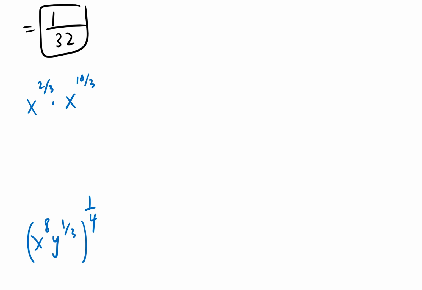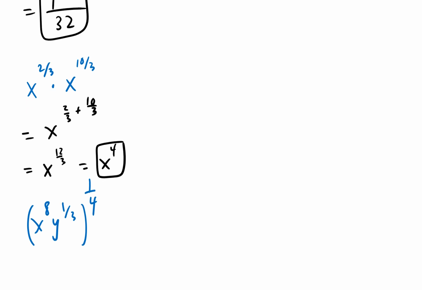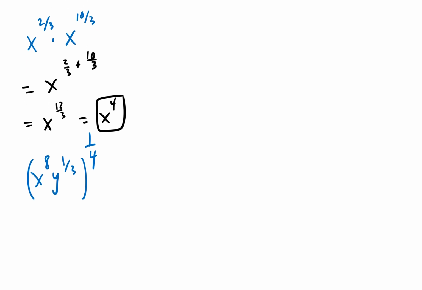Let's see what we get. For the first one, this gives me x to the 2/3 plus 10/3 because they have the same base. We add the exponents. Since they have the same denominator, we can combine them. That gives me 12/3, which is x to the 4th. That's the best we can simplify.